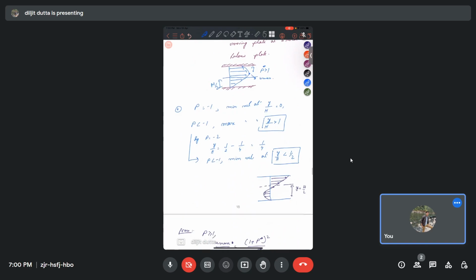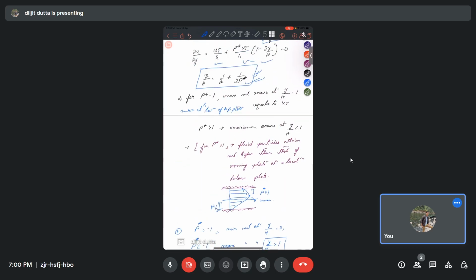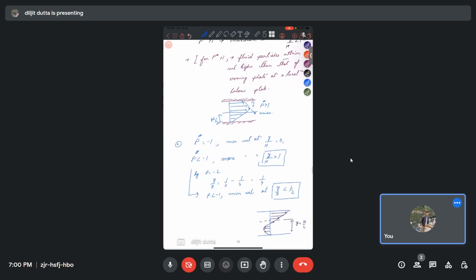Now the third case is when P star is equal to minus 1. When P star is equal to minus 1, if you substitute here, then half minus half will go to 0. So the minimum velocity will occur at y/h equal to 0, that is at the location of the bottom plate.